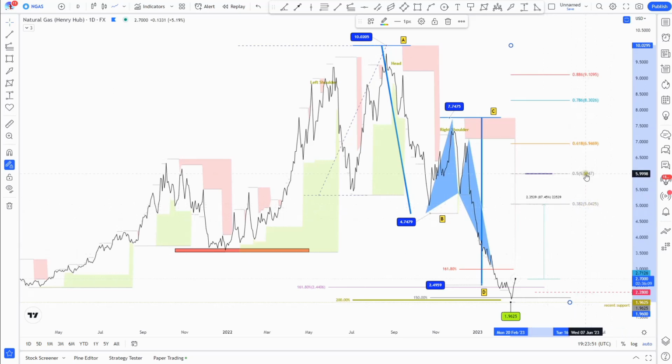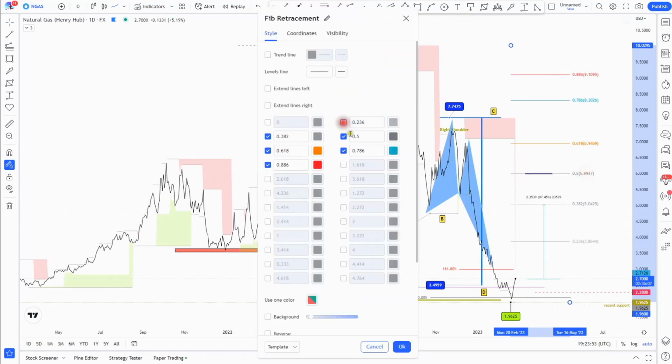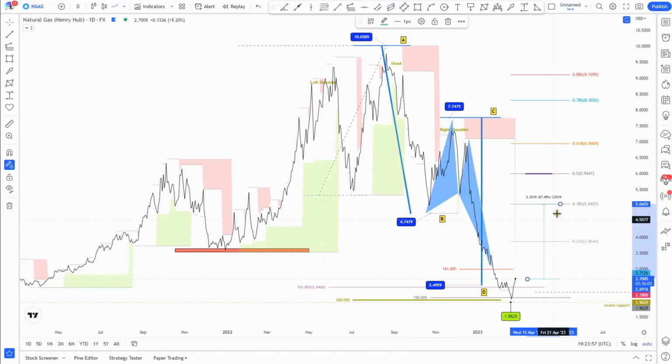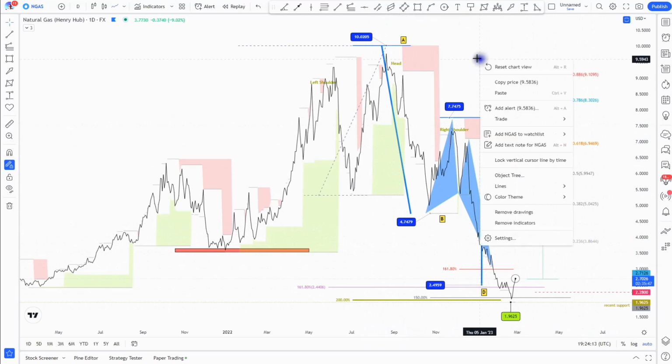And by the way, even if you consider the 23% Fibonacci level to start to partial or to start to break even your trade, which is a nice option, even though that represents a 43% move on price.